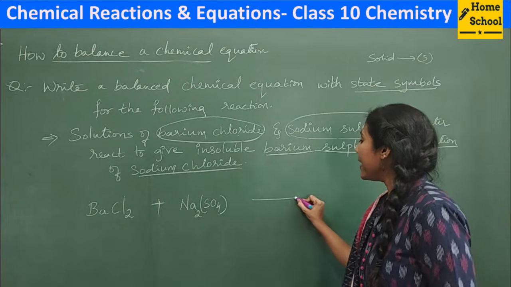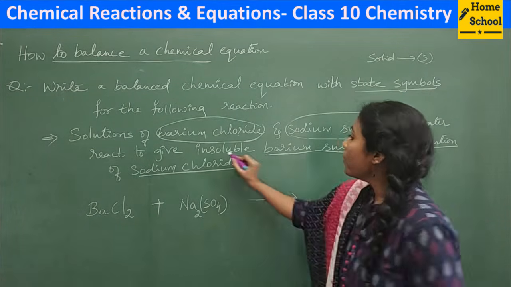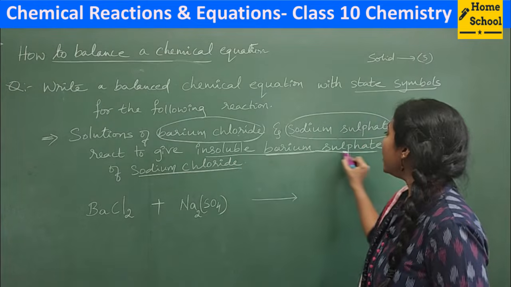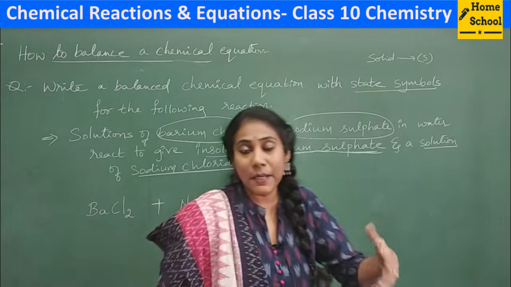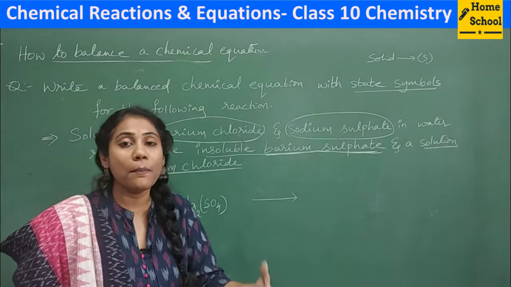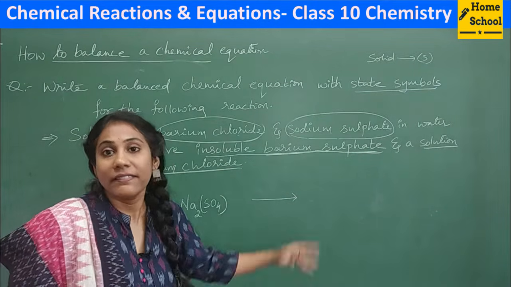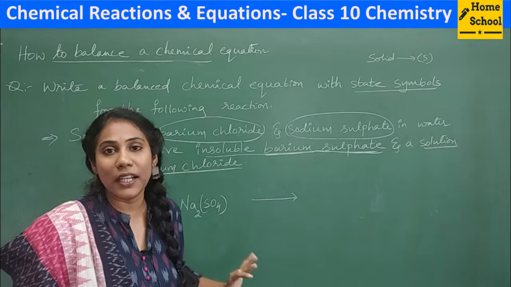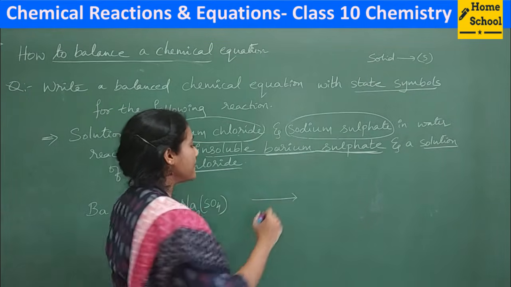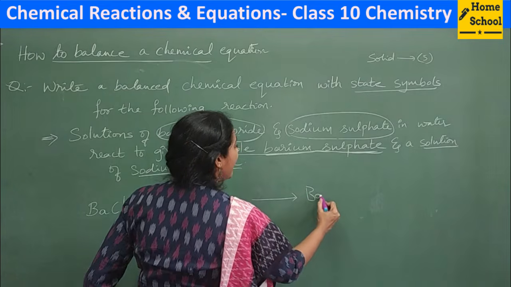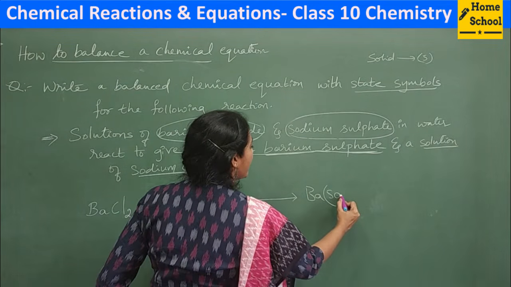So both are reacting to give what? What are the products you got? Insoluble barium sulfate means barium sulfate obtained in the form of a solid. Barium sulfate formed in the form of a solid. That's what we mean by the word insoluble. Barium Ba, sulfate is again a polyatomic group.